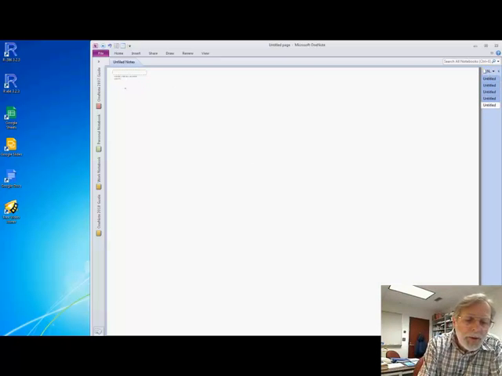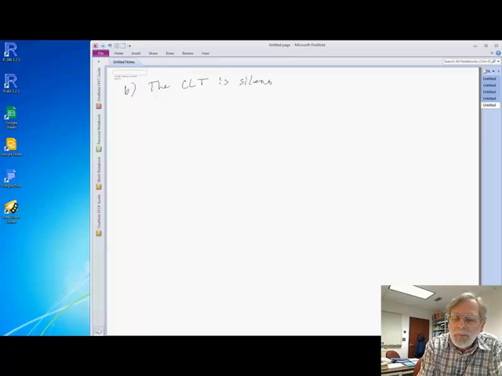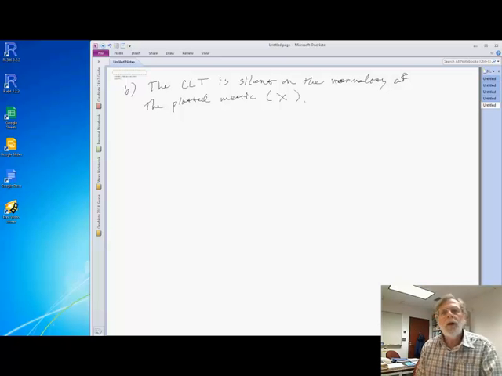But the bigger problem is this. The central limit theorem is silent on the normality of the plotted metric. Who cares?